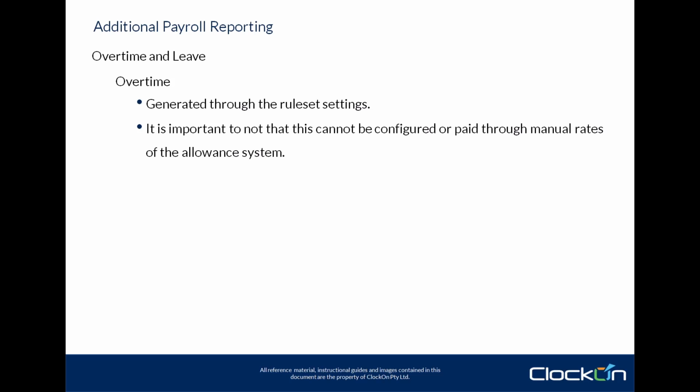You cannot special rate an amount into an overtime and have it go through the year-to-date screen. It needs to be configured correctly through the rule sets in order to follow through to the year-to-date screen. If you need any help with the overtime setup, by the way, let our support team know, and I'm sure we can work something out with your settings and help you process that.